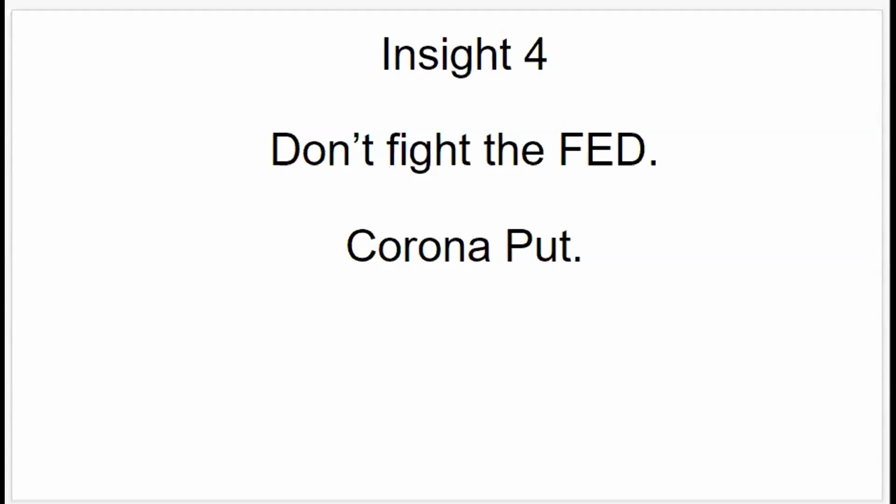If you look at these brokerage firms, they've opened more accounts in the last 3 months than in years. People are at home, getting involved in the market and learning about it. So it's a great inflow. So don't fight the Fed, the Corona put. Usually about 2% down is when it steps in.